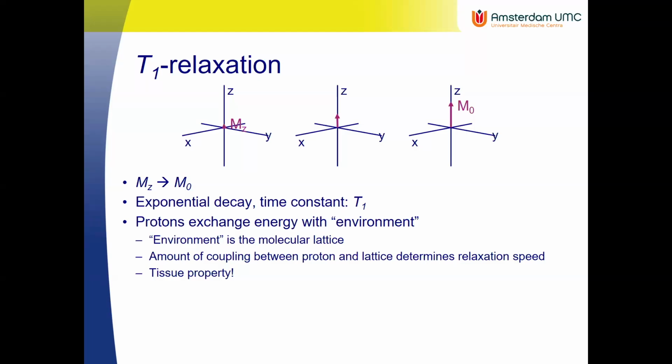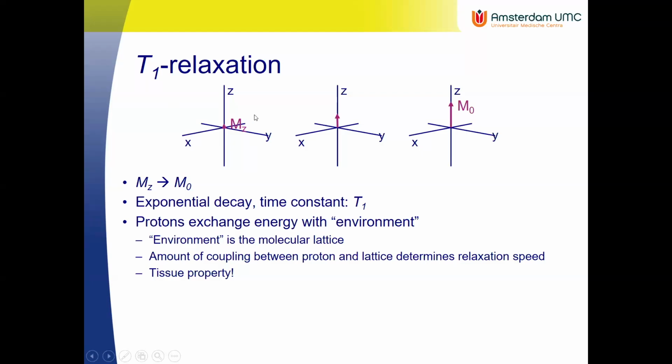So right after I do the 90 degrees excitation pulse, the magnetization vector is rotated and it's in the horizontal plane, the XY plane. And it's a vector, so we can look at the different components. Now, if it's a horizontal vector, then the vertical component is actually 0, because the vector is horizontal, so there's no vertical component.